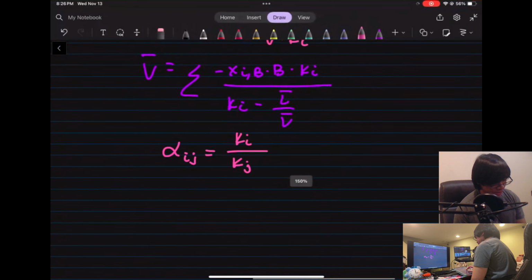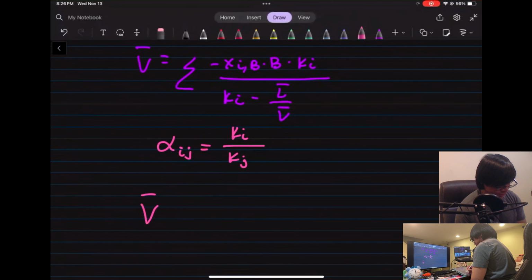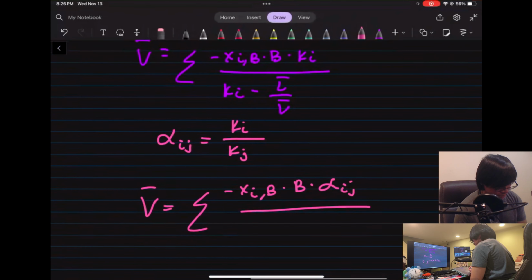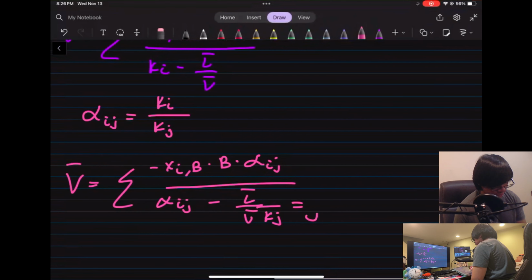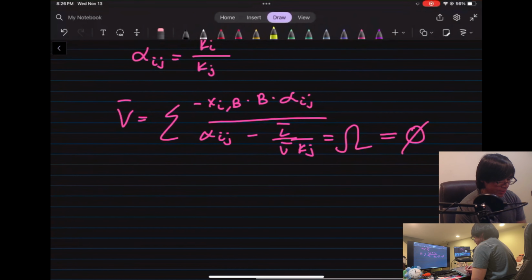So divide by Kj on the right-hand side only leaves us with some recovery times bottoms, and that's our constant relative volatility, alpha ij on the bottom since we divided, and then we have this L bar over V bar divided by Kj. And in class, I believe we use omega. In our textbook, we use phi prime. So I'll stick with omega, but this is our final expression.